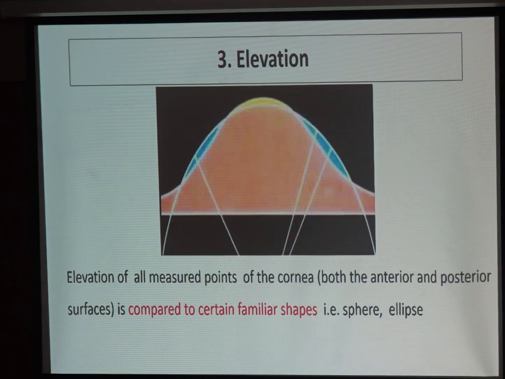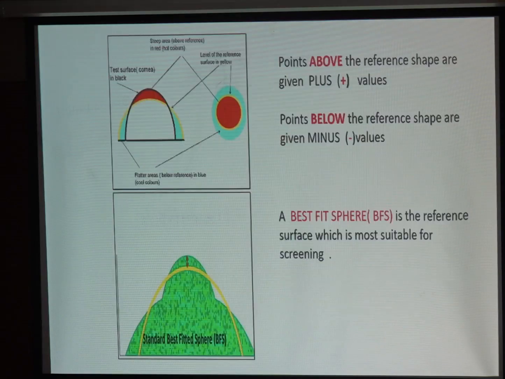So that's the concept of the reference surface. It's trying to hide the little irregularities, but we don't want to hide too much, right? We want what is clinically relevant to be highlighted. So that is the reference surface, and anything which is above the reference surface by convention is given a plus value, and anything which is below is given a minus value.